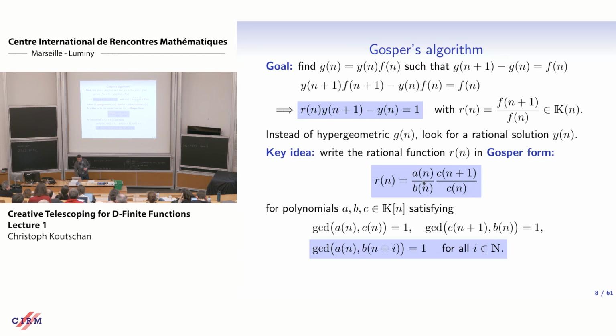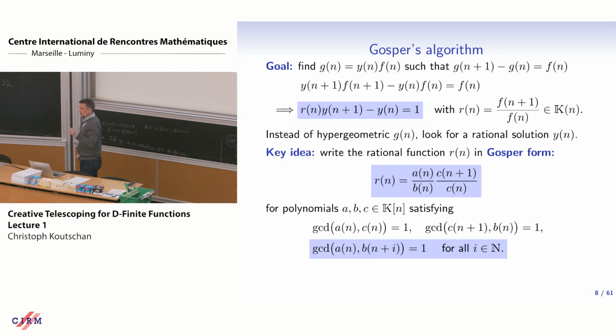So if we look at the first fraction here, we claim that any shift of the denominator has nothing in common with the numerator. So b shifted by whatever I, non-negative integer I, has no non-trivial GCD with a.